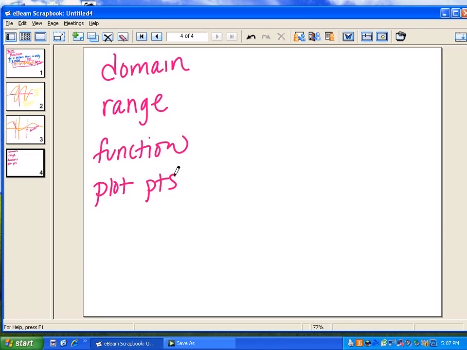Okay? And remember that when we were graphing, we had 3 methods for graphing. We could plot the points. We could use the y equals mx plus b format, which is our slope-intercept form.